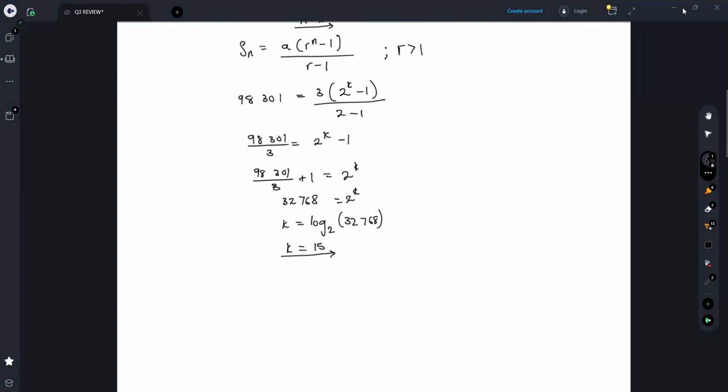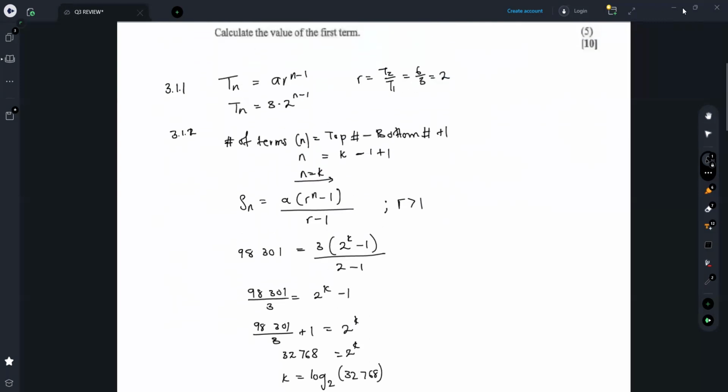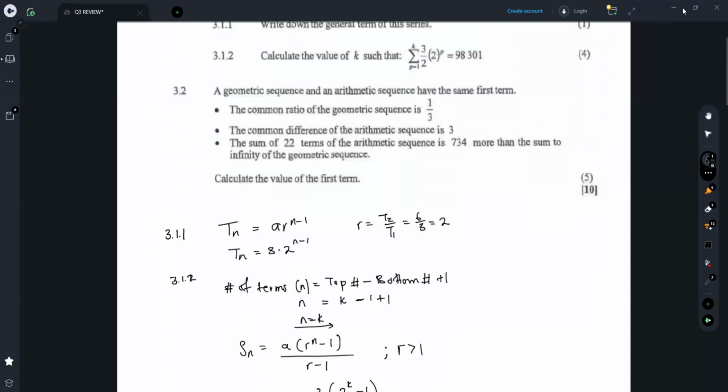Okay, so we have the other question, 3.2. Let me just go back up quickly. We're given a statement here: a geometric sequence and an arithmetic sequence have the same first term. So we'll keep track of this information.